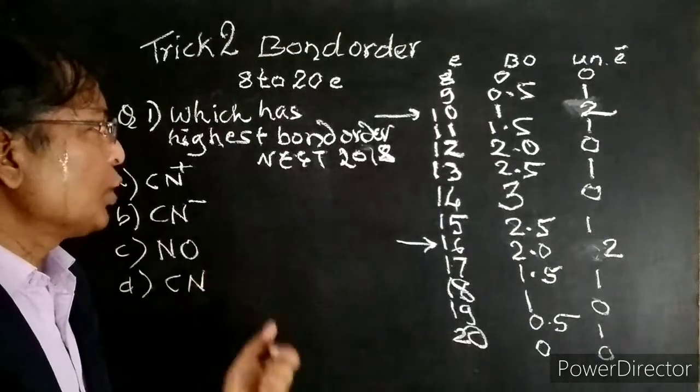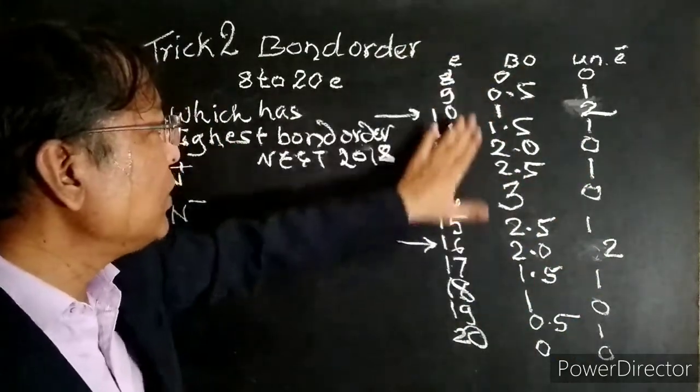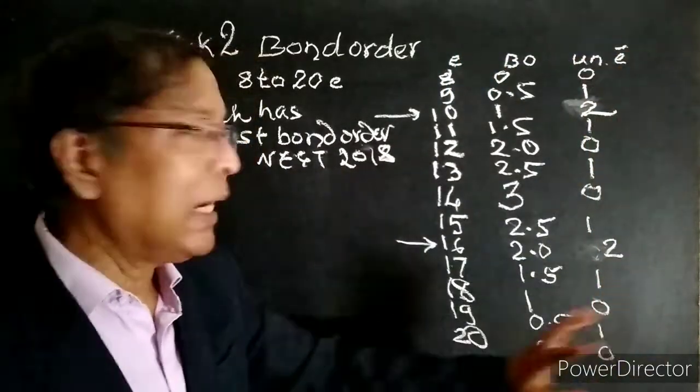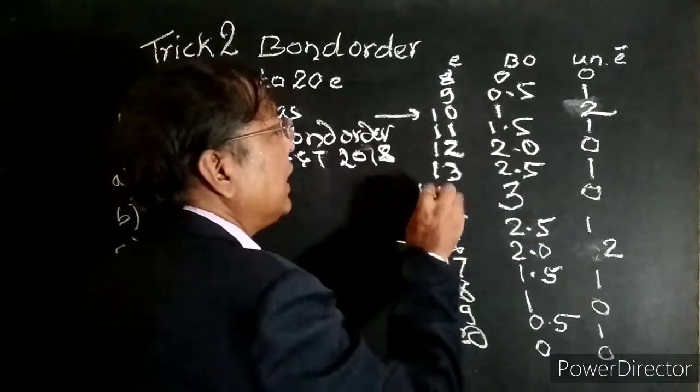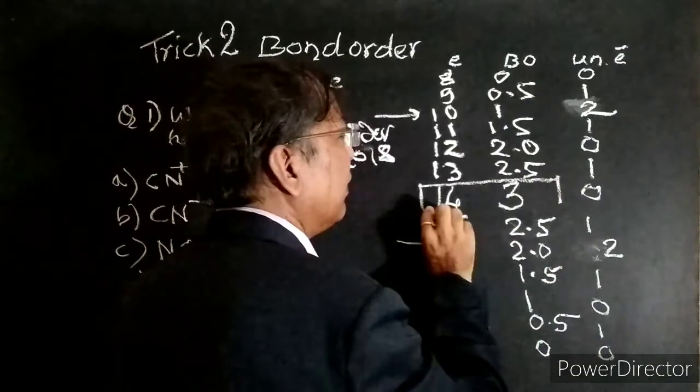Before we solve this question, I will make a recap of this trick. We have to make 3 columns. First column is of electrons, second column is bond order, third column is number of unpaired electrons. We have to write 14 electrons and we have to remember its bond order is 3.